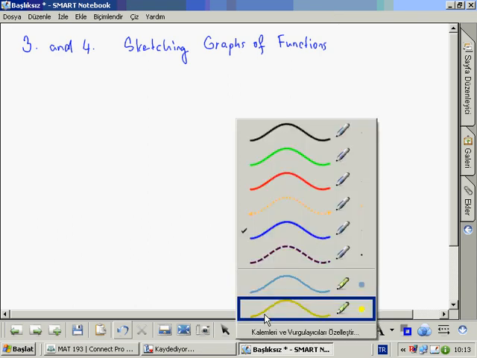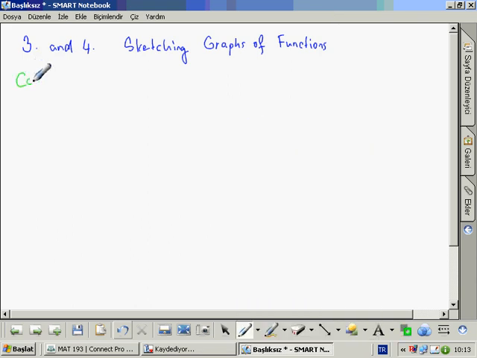Firstly, let's understand concavity and inflections.